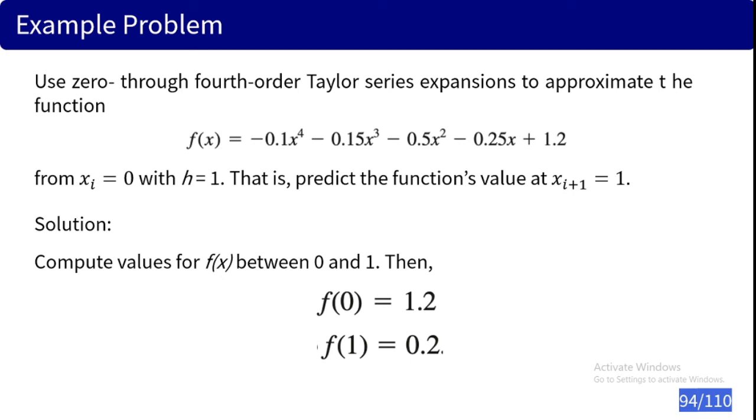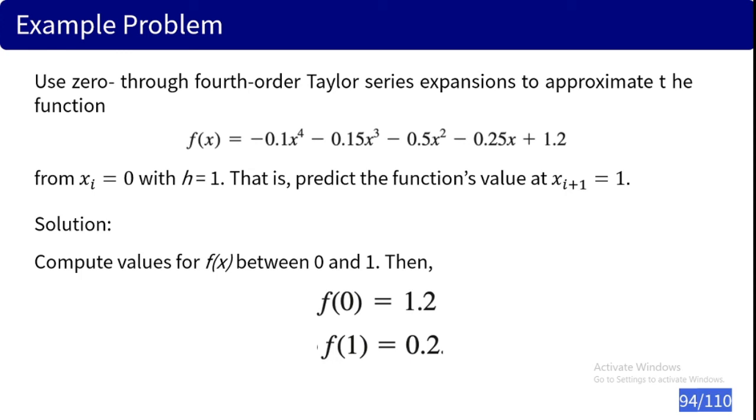Okay, so we predict the value after one interval, which is equal to 1. So the solution is we'll compute the value of f of x between 0 and 1. The first step is to evaluate the function at 0 and 1.